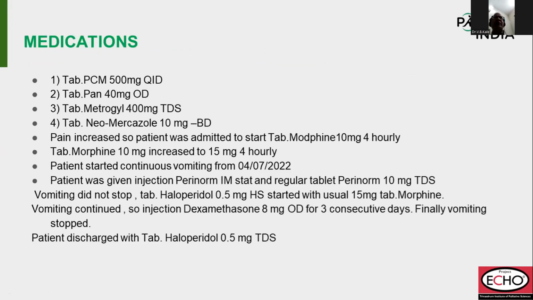The previous CT was done long back. Brain mets can also cause vomiting. That's why dexamethasone was given, so a double effect. So dexamethasone was tried, and he ultimately settled with dexamethasone and haloperidol.